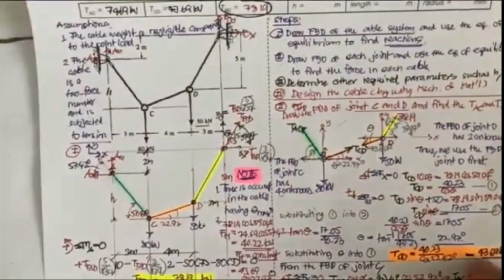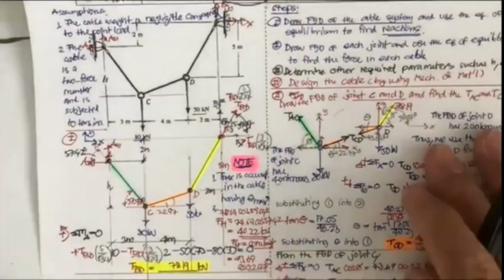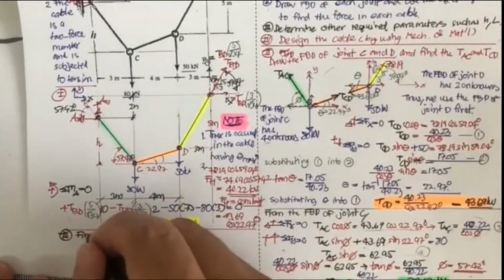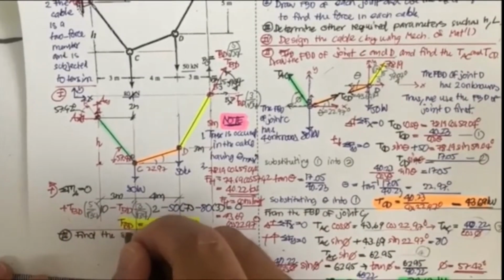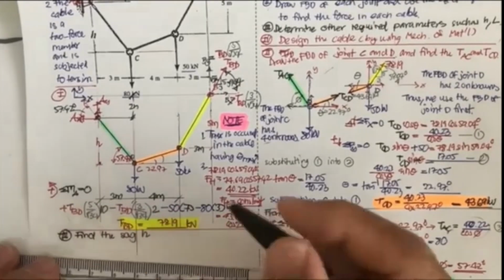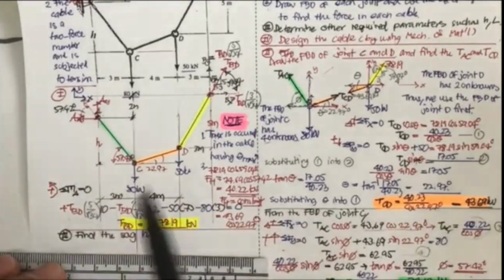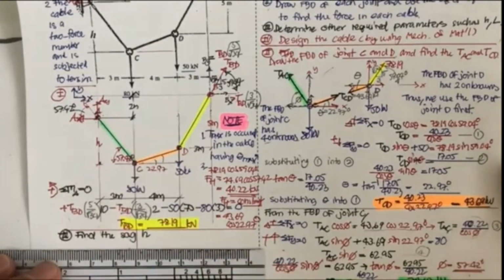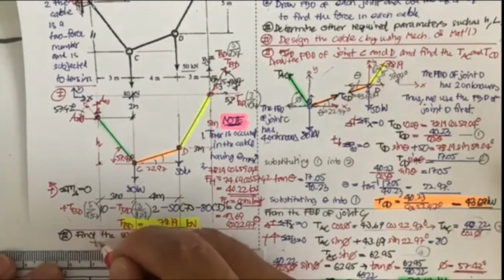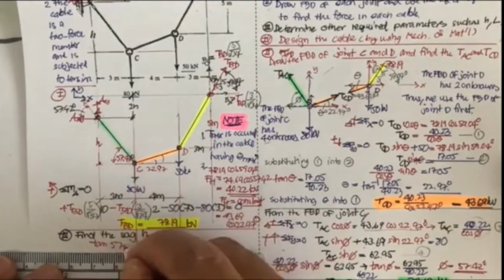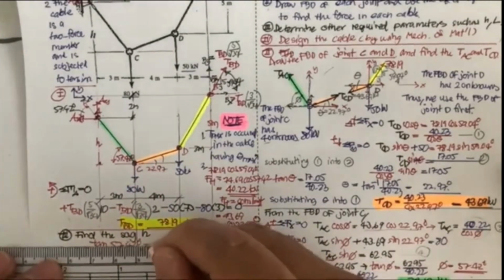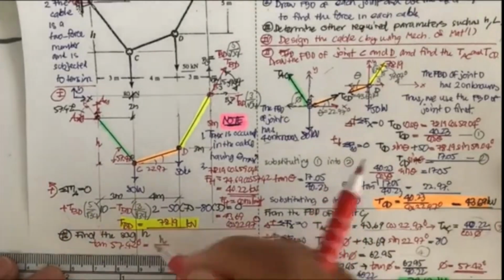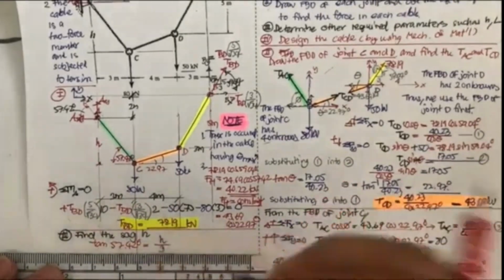Third, find the sag H. This is called the sag H, and you can see H over 3 is going to be the tan 57.42. So we have tan 57.42 degree equal to H divided by 3.